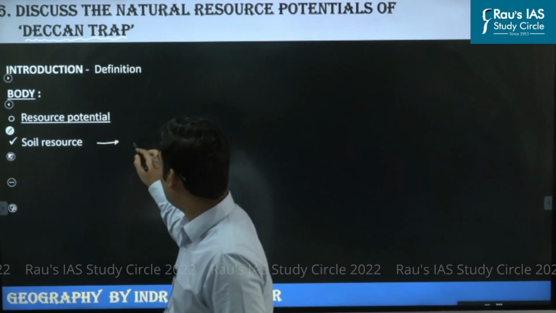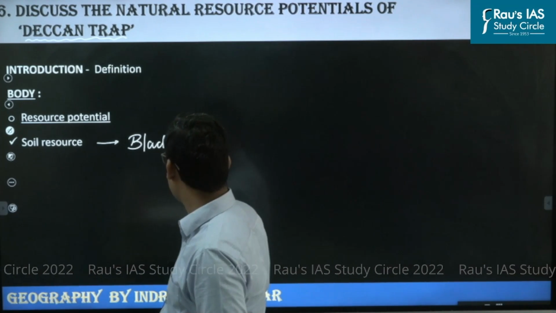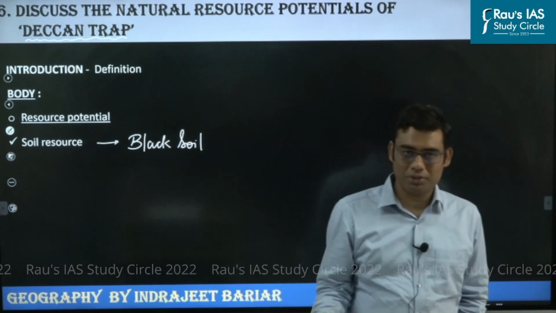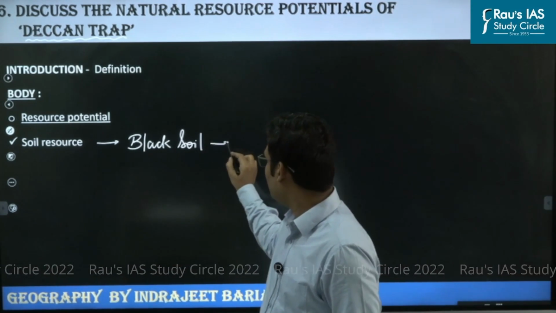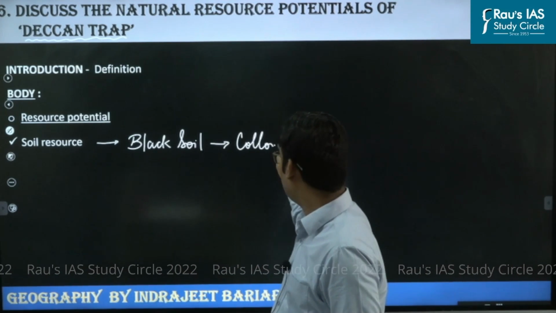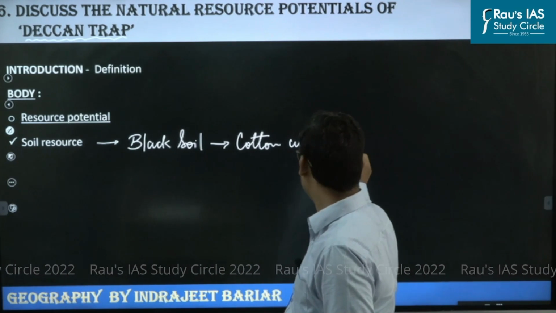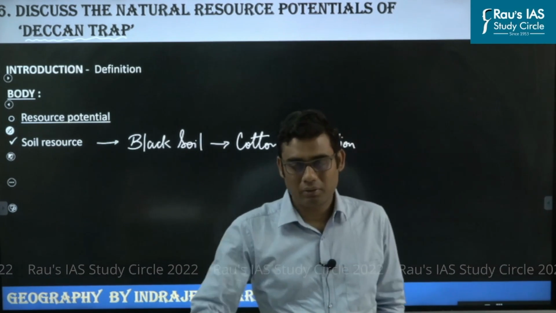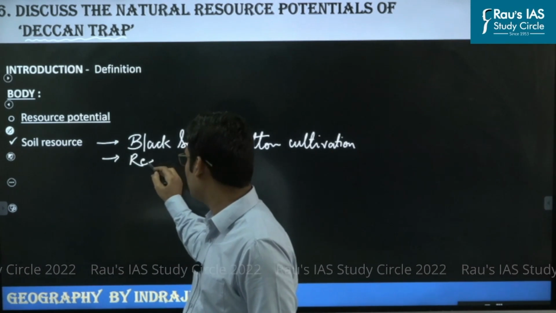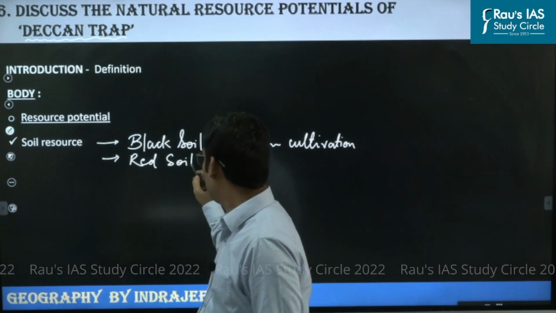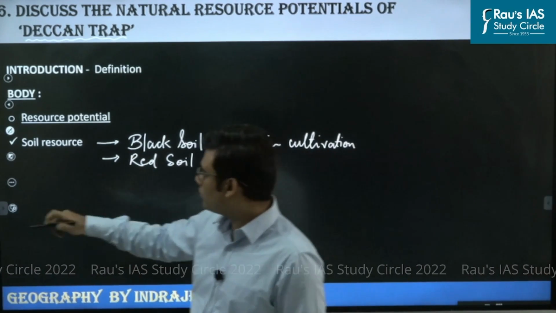First of all, we will write about the black soil region, found in Maharashtra and northern Karnataka, and then we will write that it is very good for cotton cultivation. That's one type of soil, and another widespread type of soil over here is red soil. So these two types of soil we would be writing under soil resource.